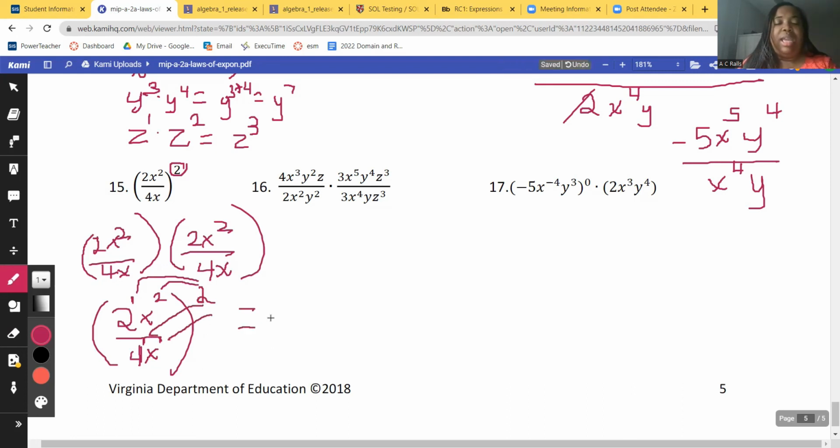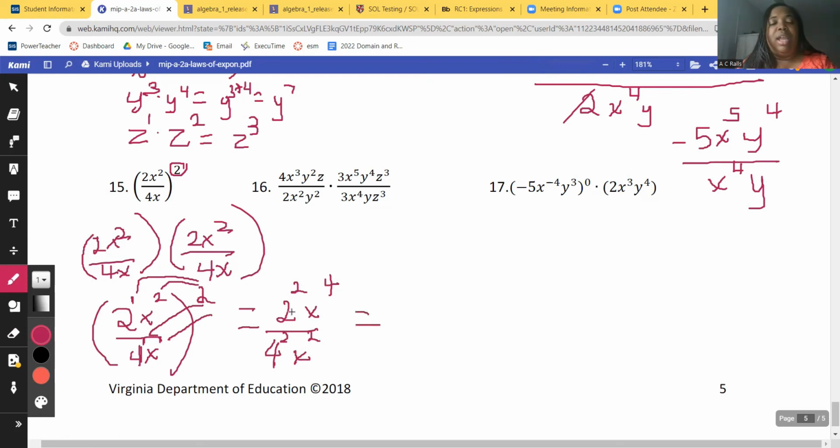So that will look like 2 squared x to the 4th, because 2 times 2 is 4, divided by 4 squared x to the 2nd power.